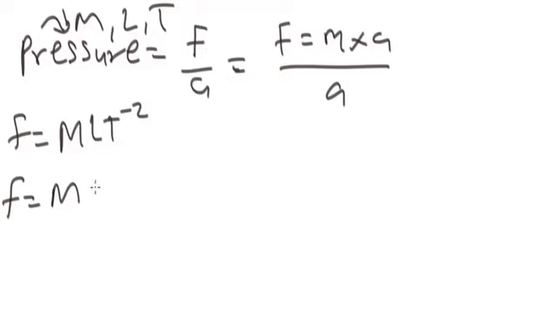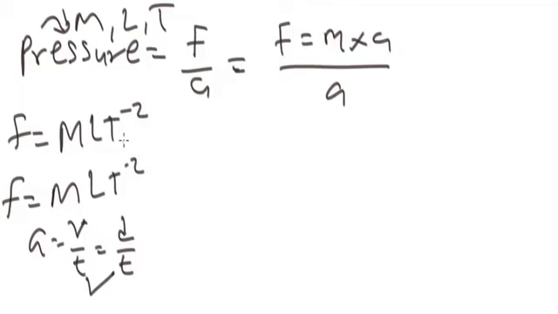Acceleration is velocity over time, and velocity is displacement over time. So we have two times here, and velocity and displacement are talking about length. So we have length per time square. That's how we got this, so don't be confused.